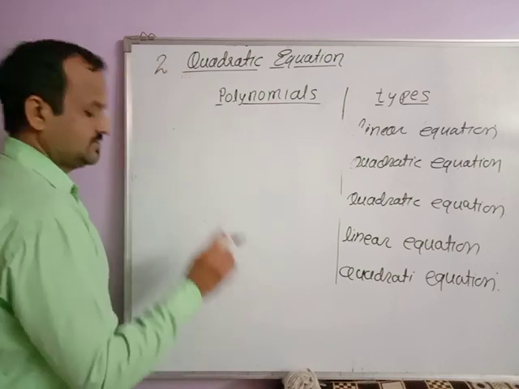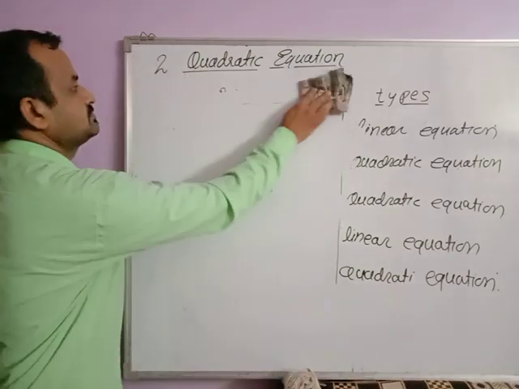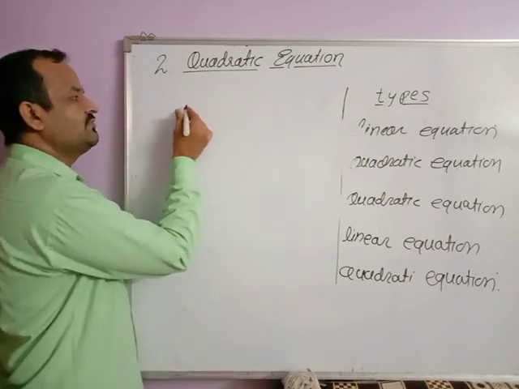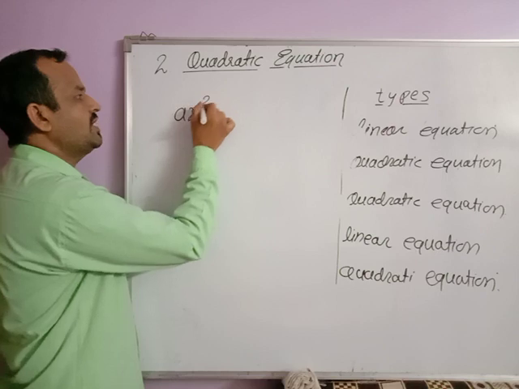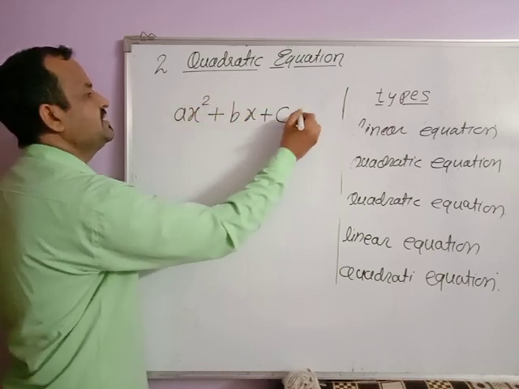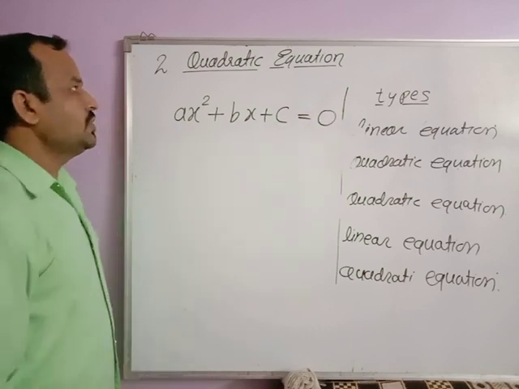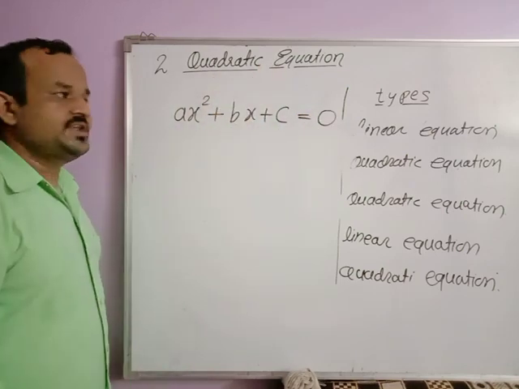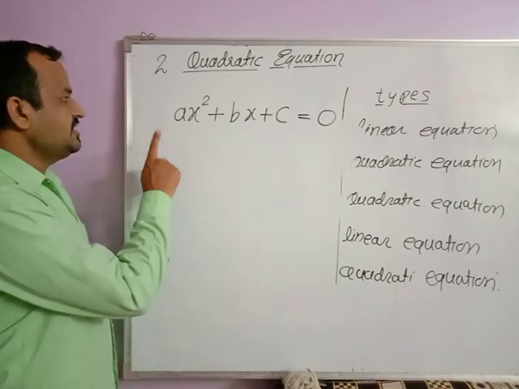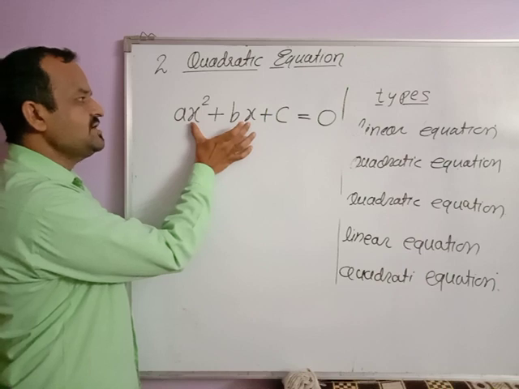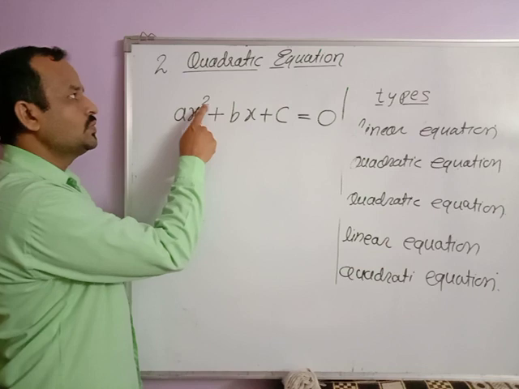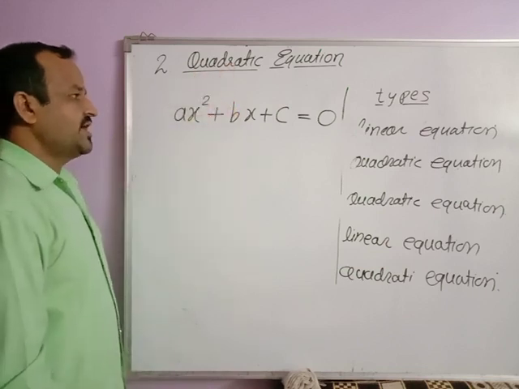That is, any equation in the form ax square plus bx plus c equal to 0 is called a quadratic equation. Once again I repeat the definition: the equation which has a single variable and degree 2 is called a quadratic equation.